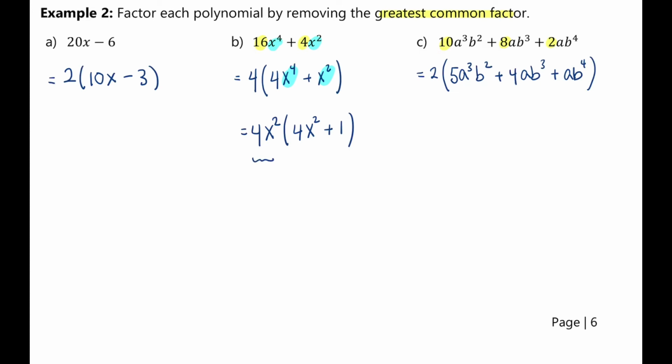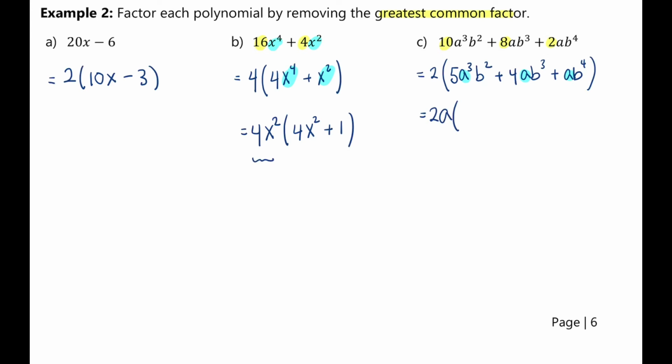Next would be a. I see a in each term, so I'm going to take that out as well. It looks like I can only take out one a. So let's rewrite this.